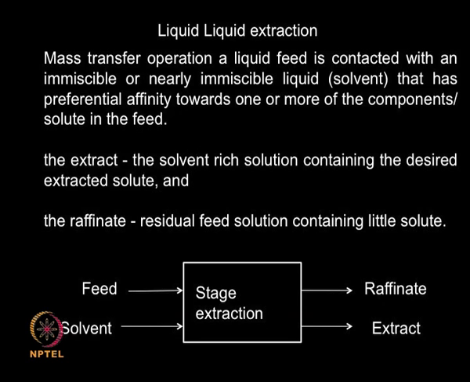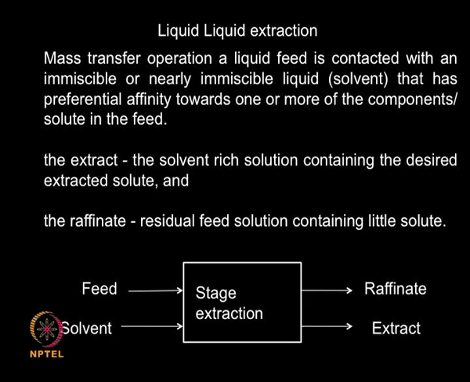So here you have the extract which will have the solute rich solvent layer, and you have the raffinate which would be now either devoid of the solute or will have less amount of solute when compared to the feed. Now these two streams, that is the extract and the raffinate, will be in equilibrium with each other. The solute partitions between these two phases. So the key word here is partition.